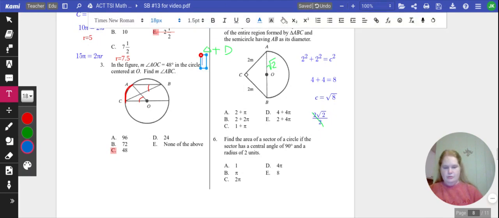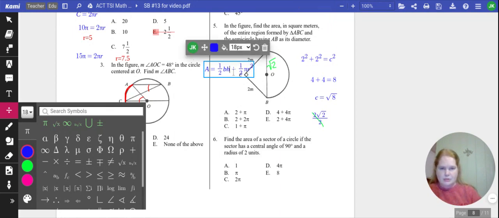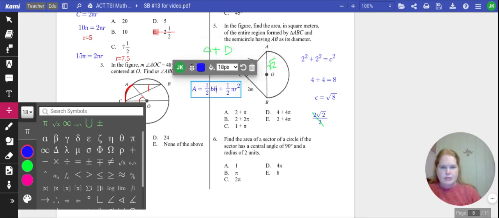Area of a triangle, we know that formula is 1/2 base times height, plus our area of the semicircle, so 1/2 times pi r squared. So 1/2 of a circle's area.